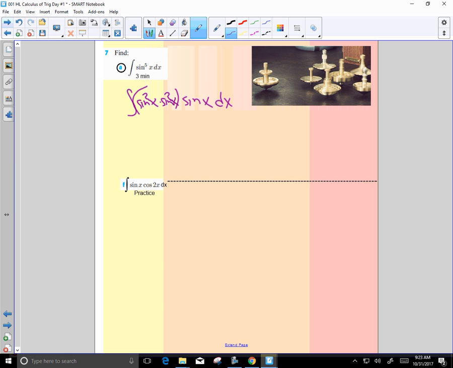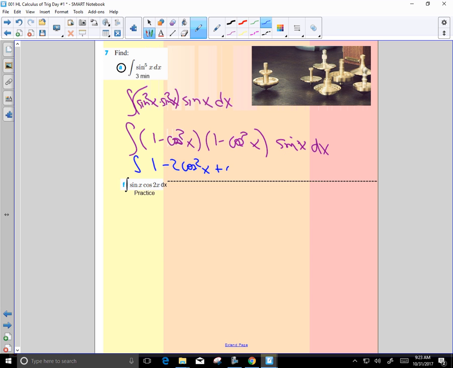And what are you going to convert each of these into? Oh boy, cosine squared, 1 minus cosine squared sine x dx, and then the stray sine x is going to be the helpful part. Then you just multiply those out and get 1 minus 2 cosine squared x plus cosine to the fourth x times sine x dx.